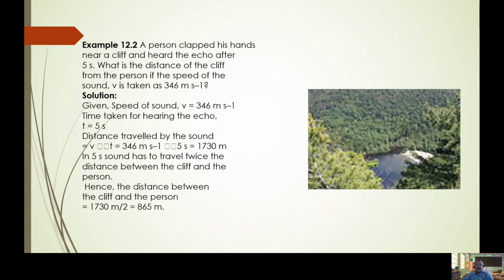Hence, the distance between the cliff and the person is 730 meters squared, that is equal to 865 meters. This is one way of measuring distances using sound.